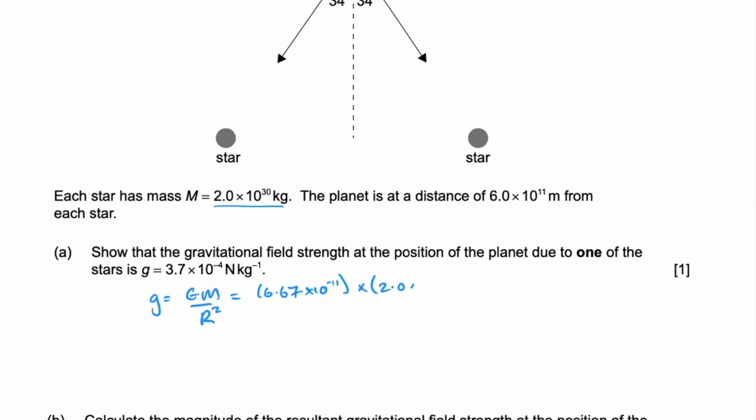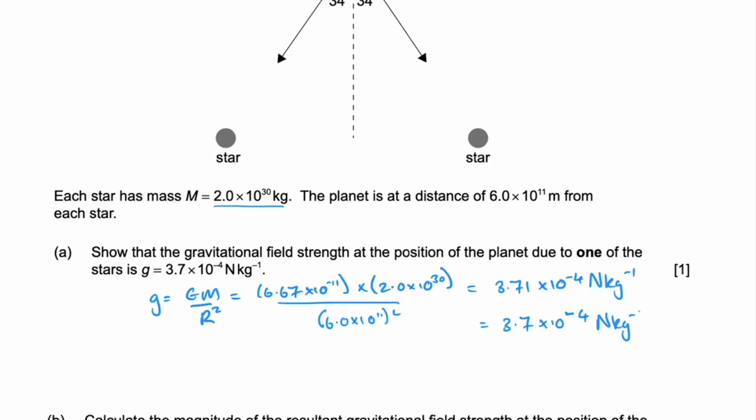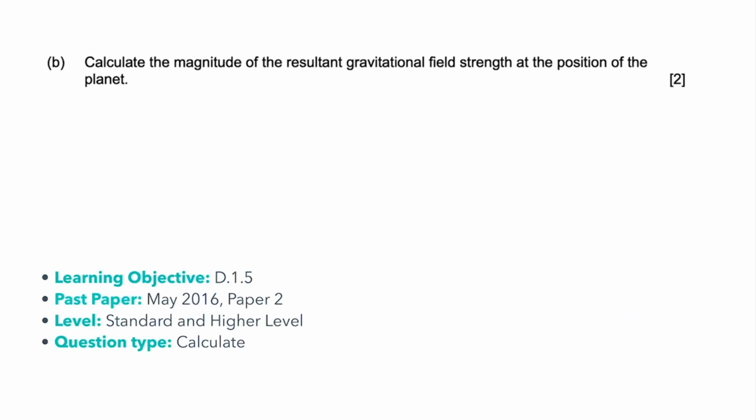The mass is 2 times 10 to the 30, divided by 6.0 times 10 to the 11, all squared, gives us a value of 3.71 times 10 to the minus 4 newtons per kilogram. And everything is given to two significant figures, so we bring that down to 3.7 times 10 to the minus 4 newtons per kilogram.